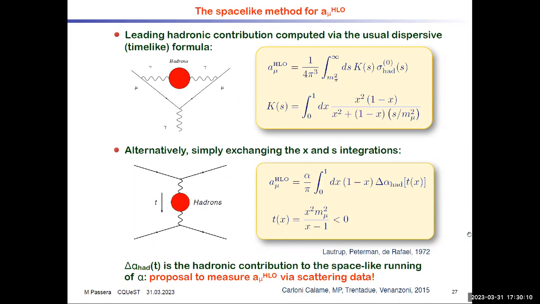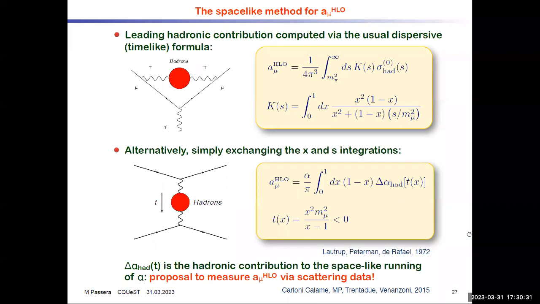But if vice versa, you do first the integral over s, you end up with this different formula. This different formula tells you that the leading hadronic contribution to muon g-2 can be obtained by knowing the running of alpha, but at a value of q squared that we called t because it's negative.